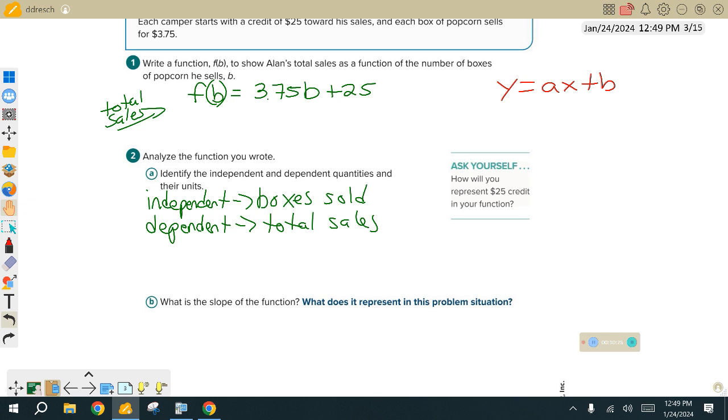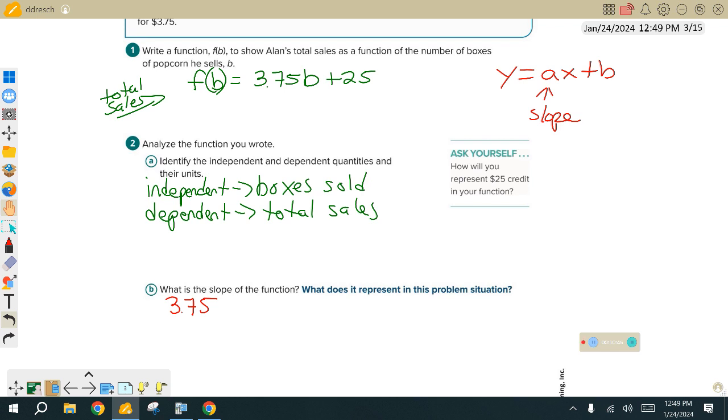What number here is representing our slope? 3.75 is representing our slope. So 3.75 is the slope.